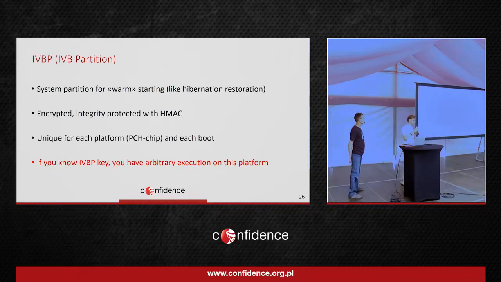On this partition, the kernel of ME saves information about page structure and some important kernel data. And if you can change this partition, you have arbitrary code execution in ME in the context of the kernel.